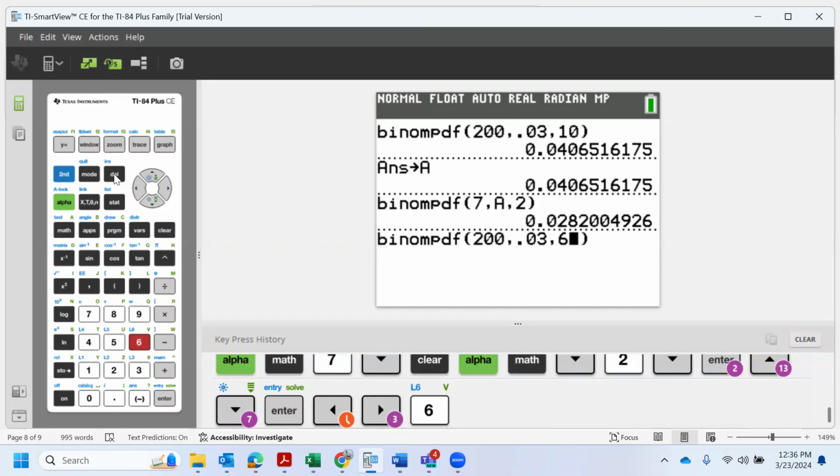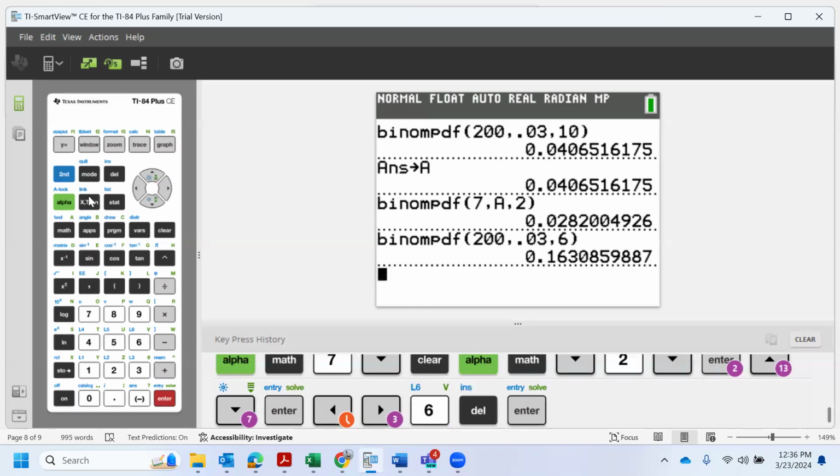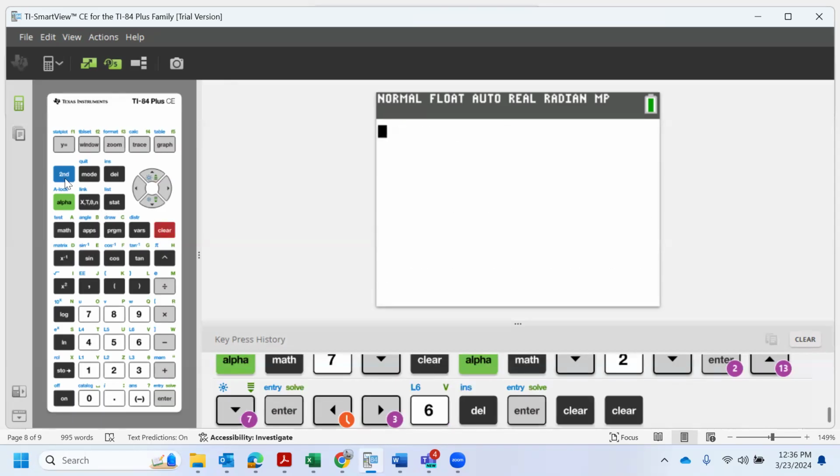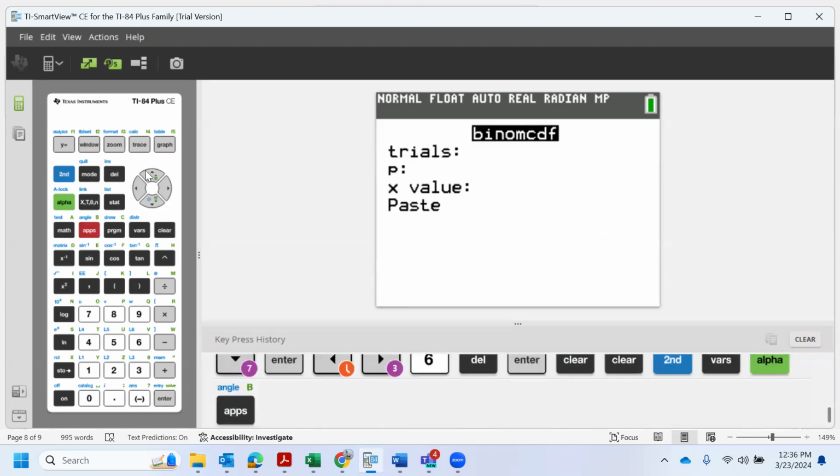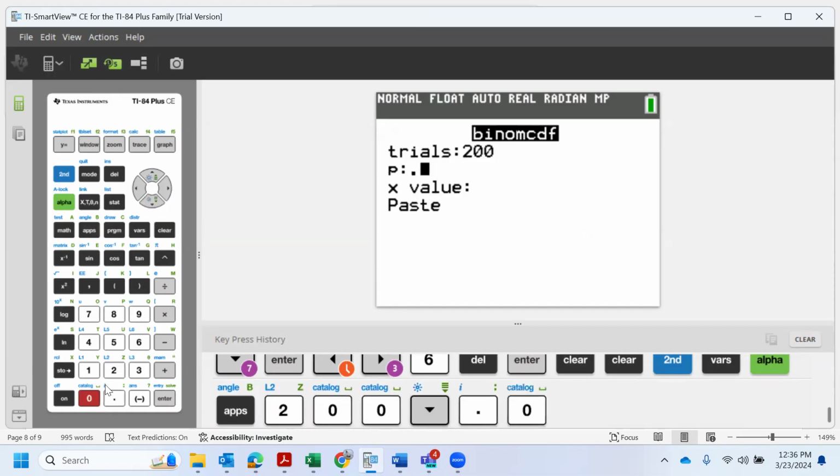Second distribution, alpha B. The trial is 200, p is 0.03, and the X value we use is 6 first, all right?